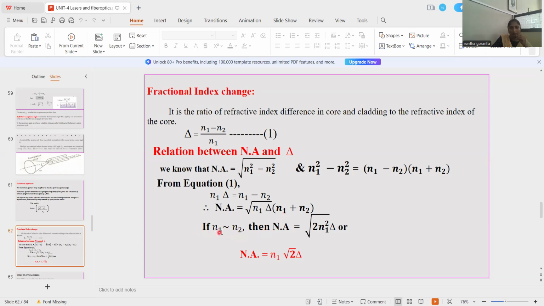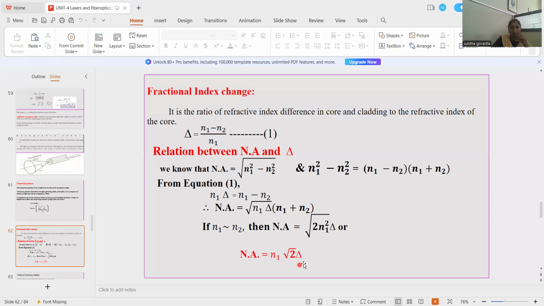Then NA is equal to the square root of 2n1 squared delta, so the numerical aperture is equal to n1 times the square root of 2 delta. This is the relation between the numerical aperture and fractional index change.